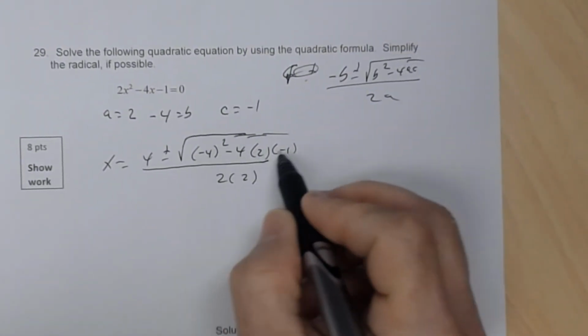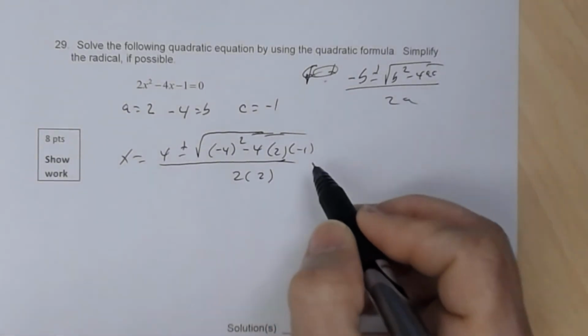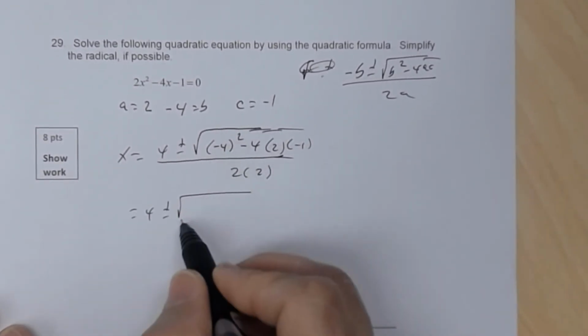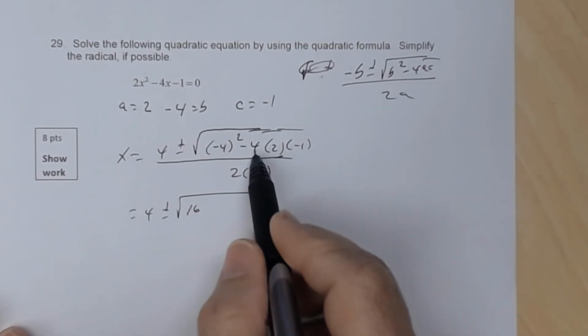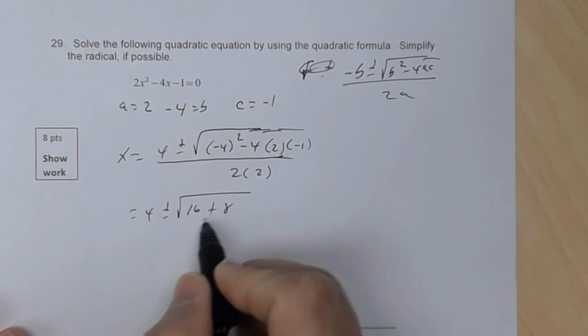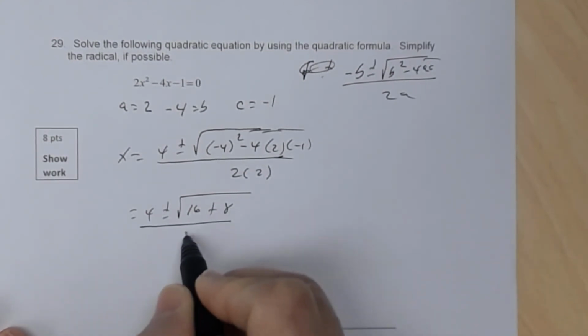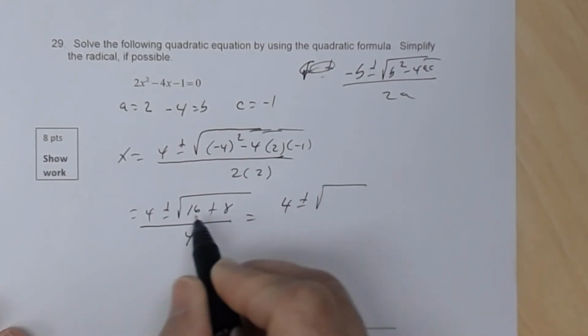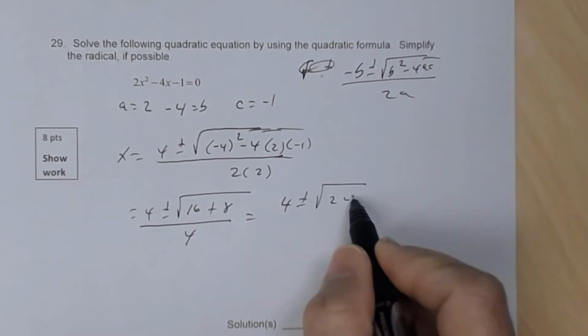So let's simplify the radicand. So I get 4 plus or minus the square root of negative 4 squared, which is a positive 16. A negative 4 times a positive 2 times a negative 1 is a positive 8, all over 4. So that's 4 plus or minus the square root of 16 plus 8, which is 24, divided by 4.